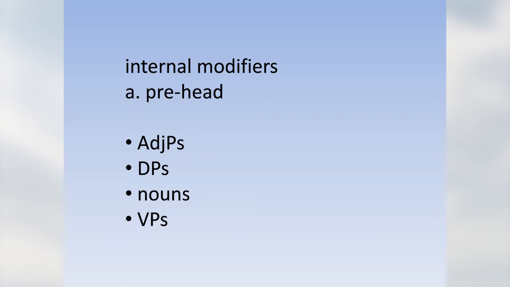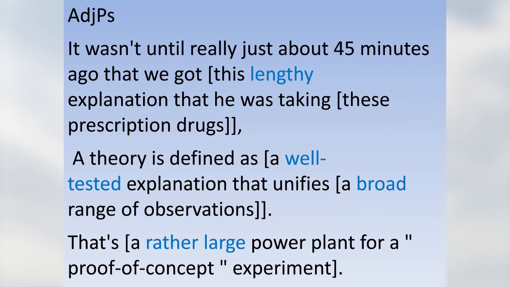So first let's look at the adjective phrases. These will be familiar to you. In the first sentence, here's a big noun phrase. This lengthy explanation that he was taking these prescription drugs. You see an adjective? Lengthy, right? Remember, we can identify adjectives. Remember these category tests? We can identify adjectives because most often they can be modified by the word very.